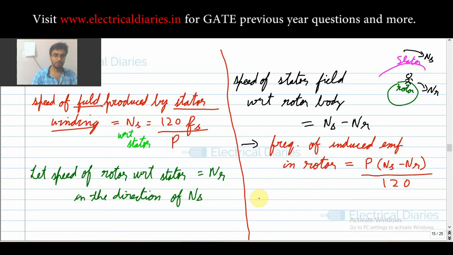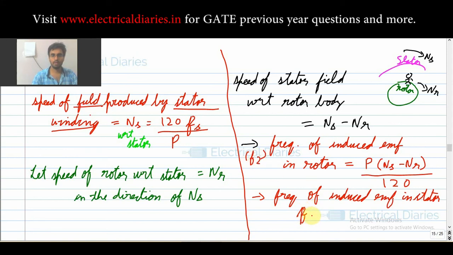Now the frequency of induced EMF in stator. In the stator we are giving the supply. So let me denote this by F2 for the rotor and F1 for the stator.